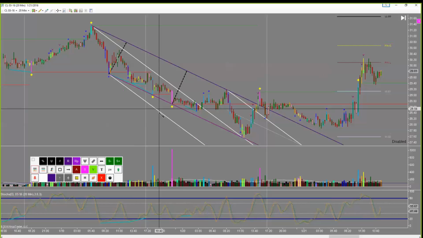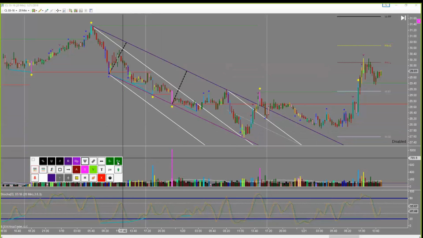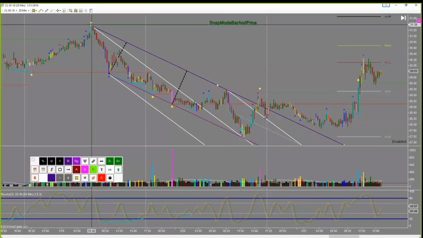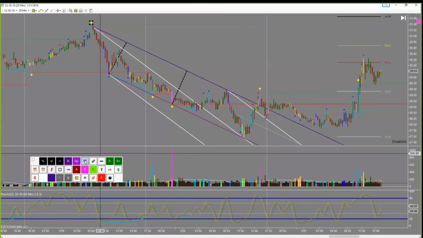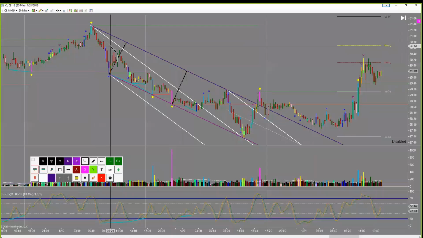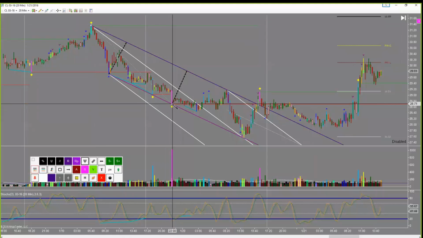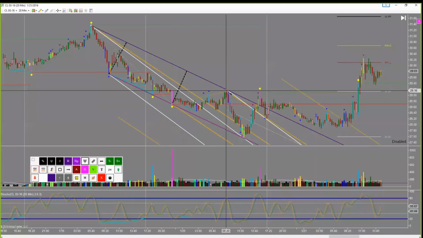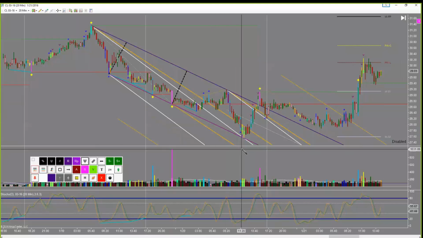But if you were drawing this by hand, and you were drawing a median line in, you would likely pick this swing high, and either that swing low or this swing low to draw your median line. And then when you do that, you're like, this stuff doesn't work. It's gone right through it and so on.